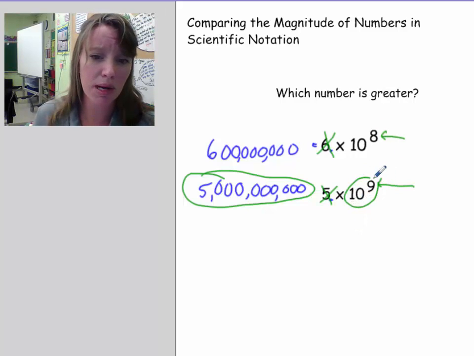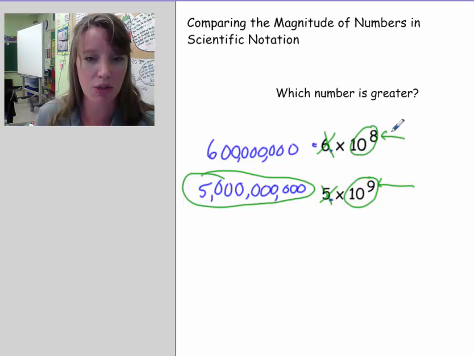This tells me that my number is in the neighborhood of the billions because 10 to the 9th power is 1 billion. This tells me it's in the neighborhood of 100 million because 10 to the 8th power is 100 million. So without even having to refer to the coefficient, I know that something in the neighborhood of a billion is going to be greater than something in the neighborhood of 100 million. So I can use the order of magnitude to determine which number is greater, and it turns out that this number is greater.